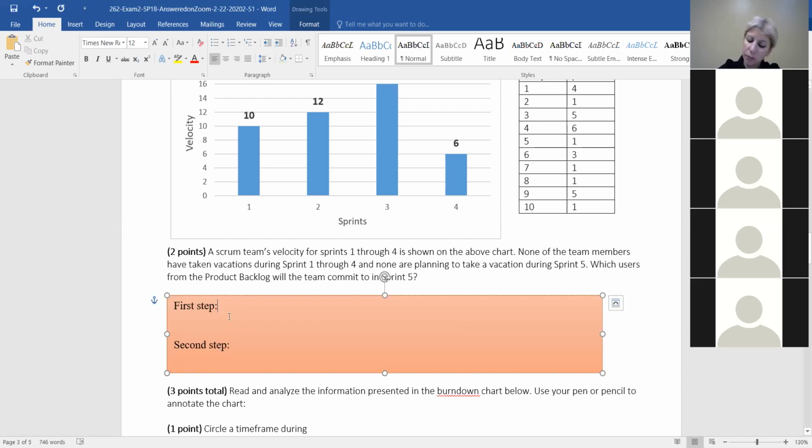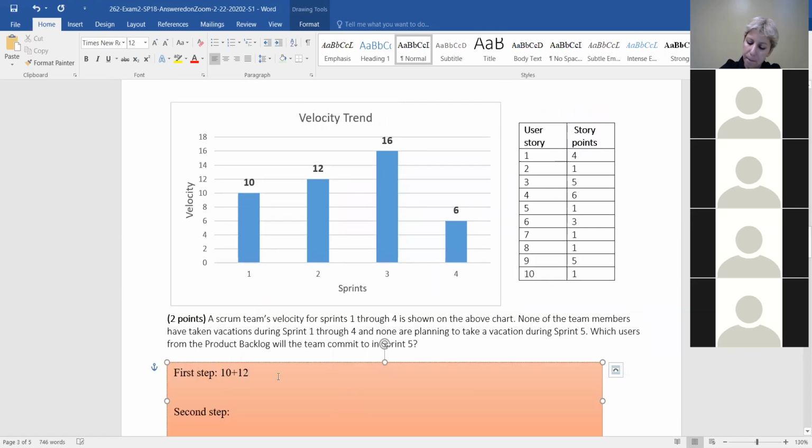Do you have control of my system? Yep. So 4 sprints added together divided by 4.